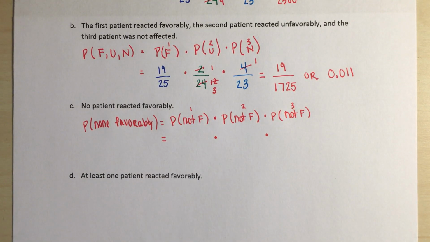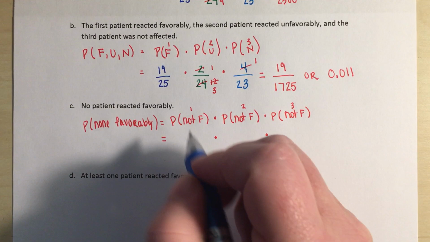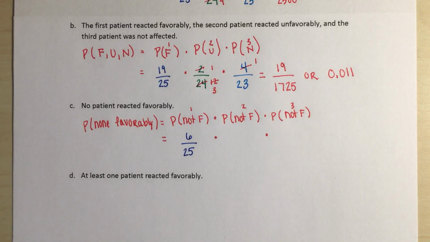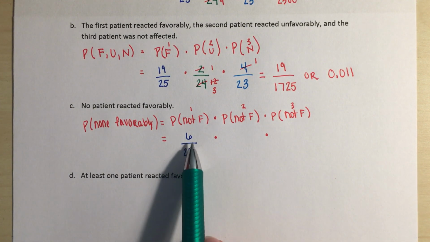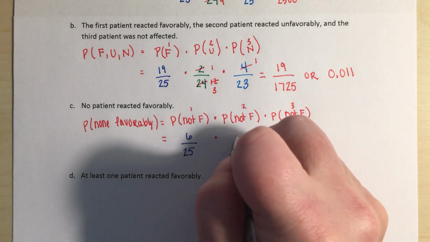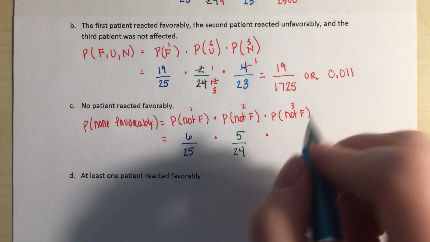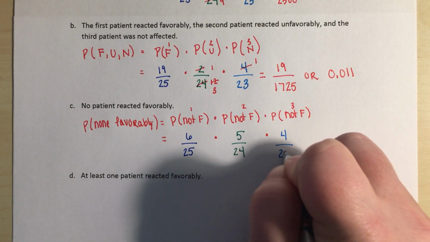What that means is these people could be either unfavorable or not affected. We had 19 people that were favorable, so our complement of that would be 6 out of 25. We subtract from 1, or the 2 people that reacted unfavorably plus the 4 people that were not affected gives us that 6. And then our next one, we've taken one person out of here, so we're going to have 5 over 24. And our last one, we've taken another person out, so we have 4 over 23.